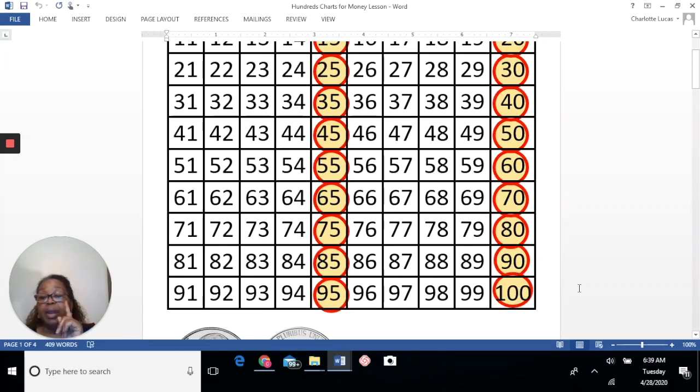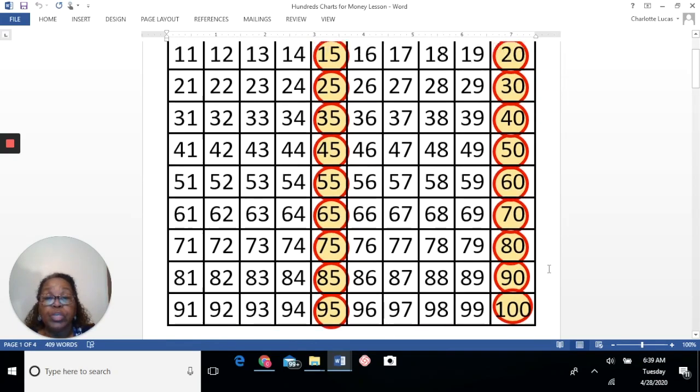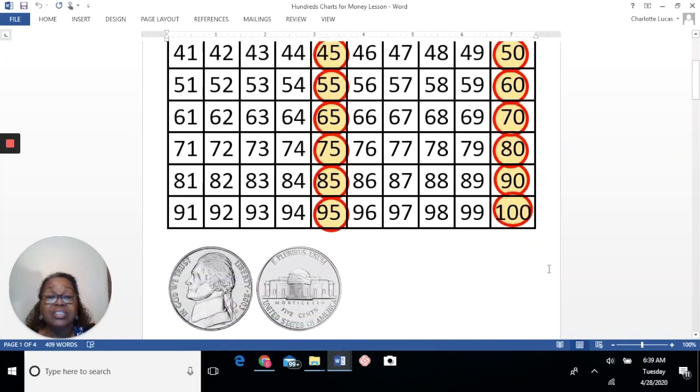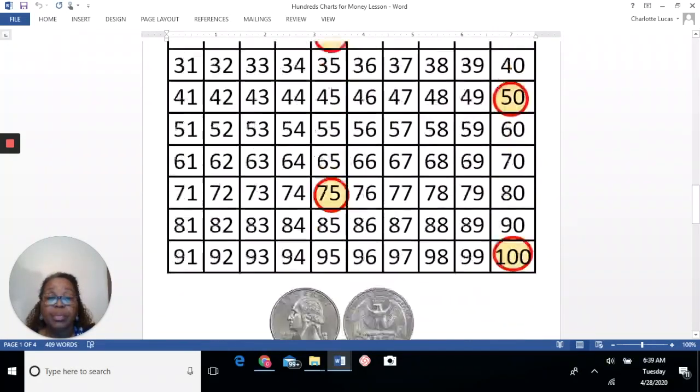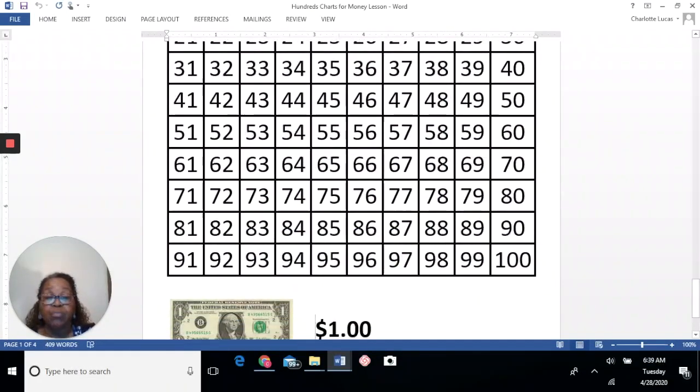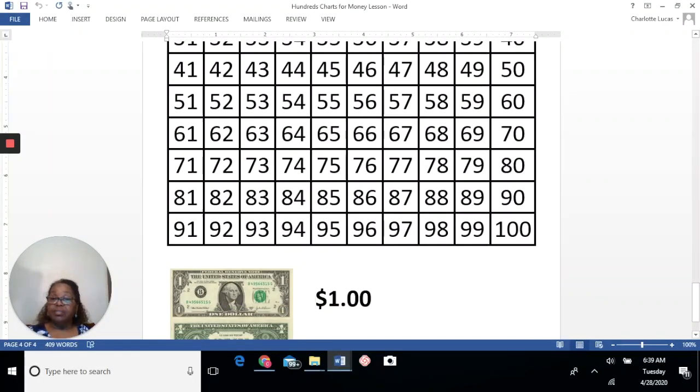If we're counting by pennies, we're counting on. So from 95 to 100, we count on 95, 96, 97, 98, 99, 100. Okay, so we can use our chart to skip count. We know that if we have 100 cents, we have $1.